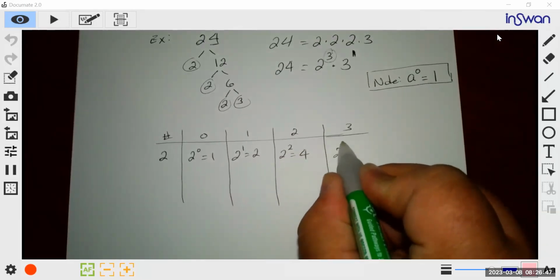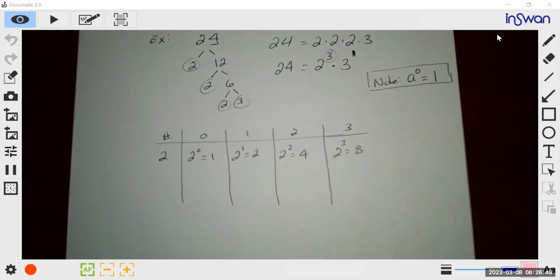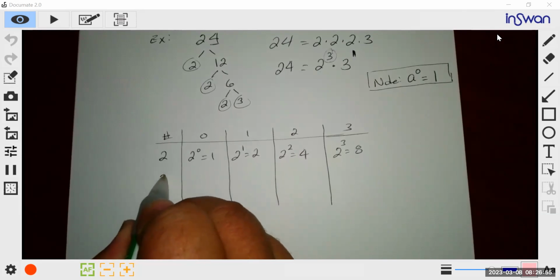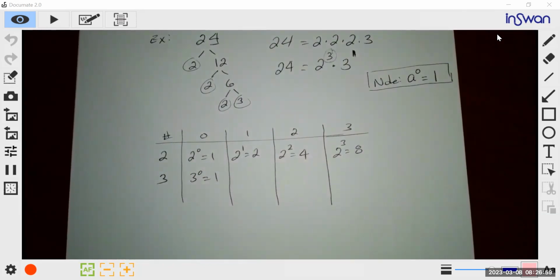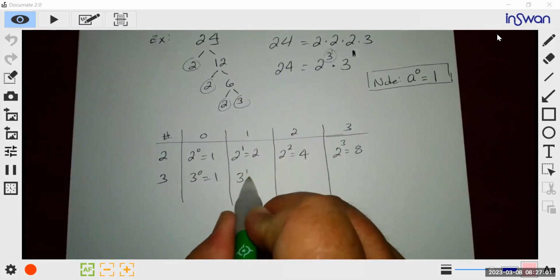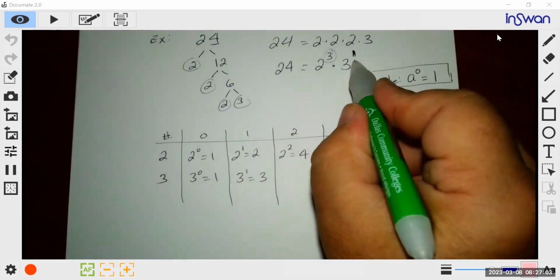And 2 to the power 3 is 8. 2 times 2 times 2. Let's look at the number 3. We have 3 to the 0, which is 1. And we only have 1 3. There's only 1 3, so it's 3.